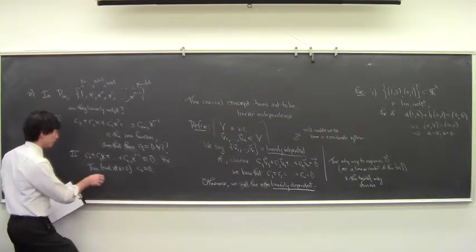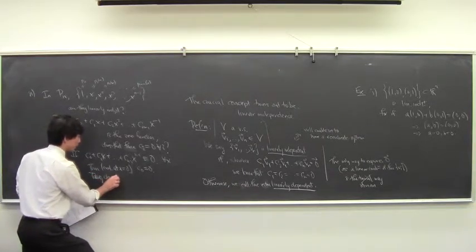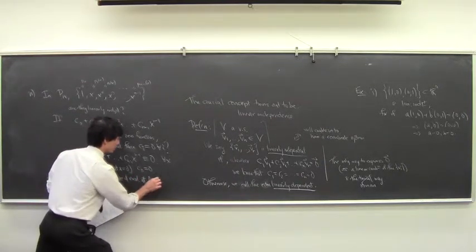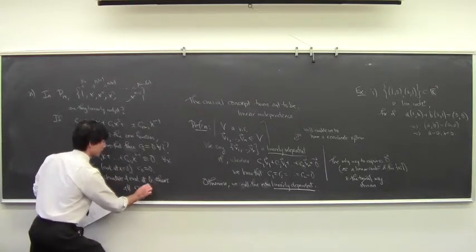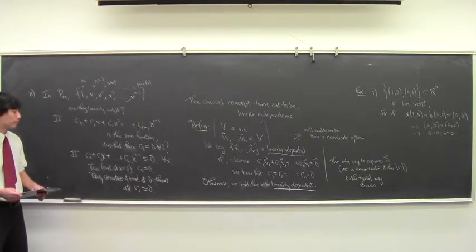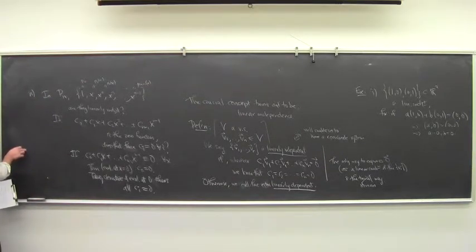So taking derivatives and evaluating at 0 shows that all the Ci are equal to 0, because you know that Ci is going to be the ith derivative evaluated at 0 over i factorial.